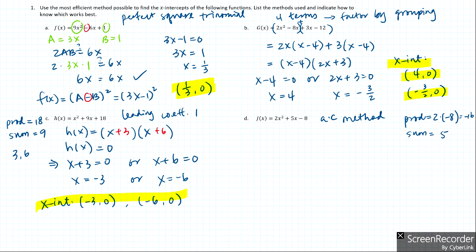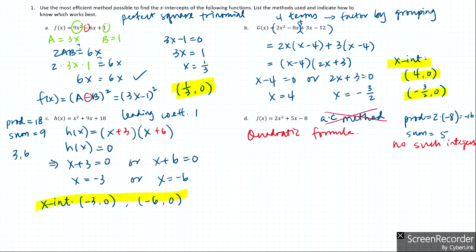So this doesn't work over here. We would say there are no such integers that would satisfy our conditions. And therefore, we have to use the quadratic formula in order to find zeros over here. So the AC method doesn't work.